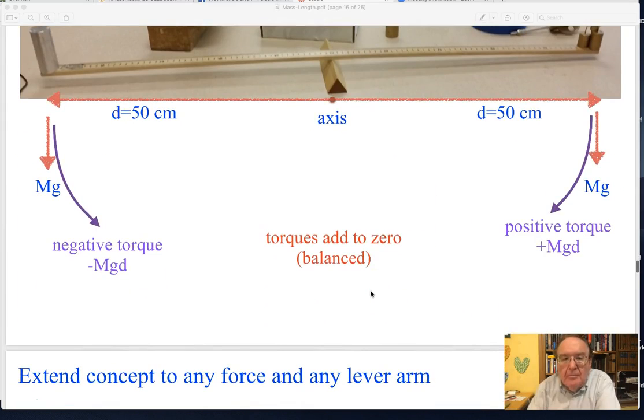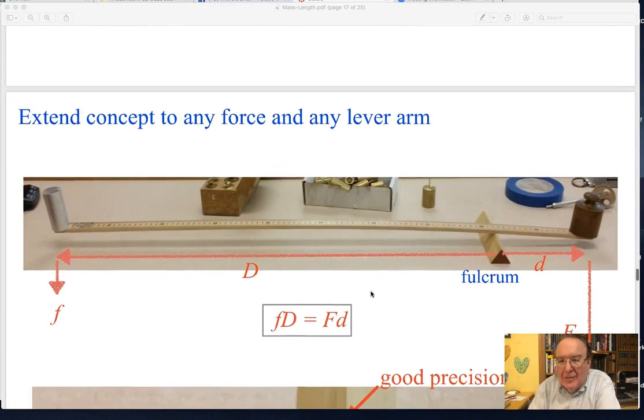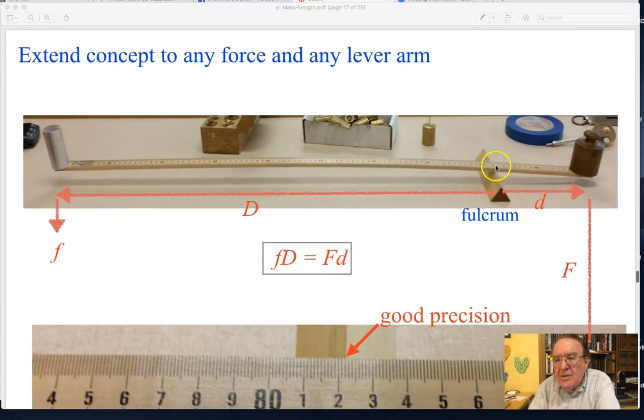Now you can extend this concept to any force and any lever arm. That's the value here. So now you put the fulcrum at some other place, a very heavy mass on the right-hand side with a small distance, little d, to the fulcrum, and on the left-hand side you have a small mass with a very large lever arm called capital D.